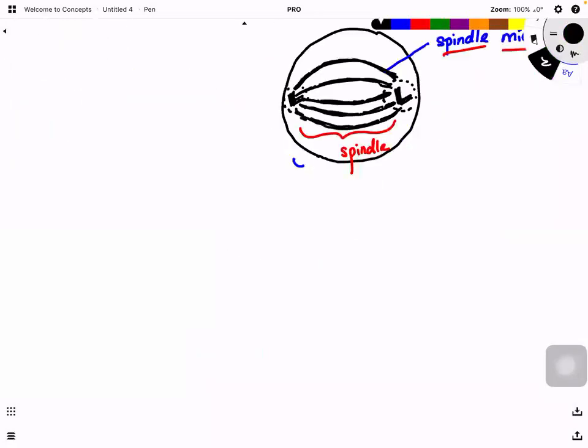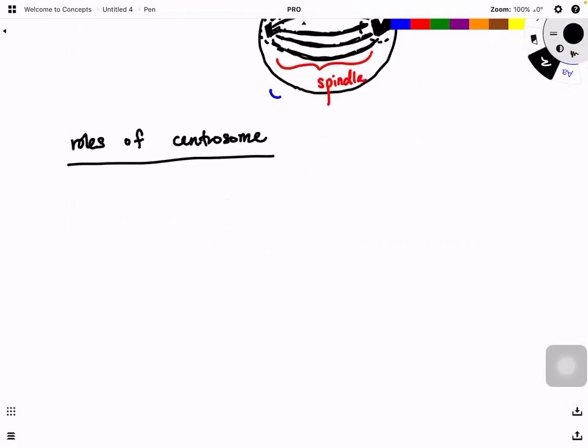If a question asks you what are the roles of the centrosome? The centrosome is the entire factory. So what do they do? The components will contribute. For example, in the college, we have pre-U programs.